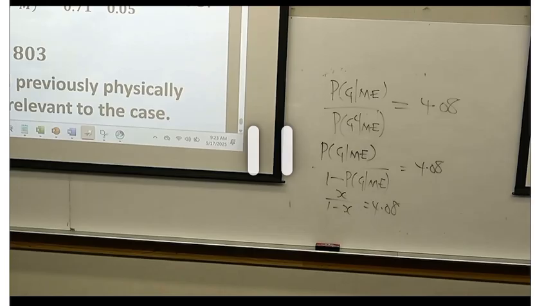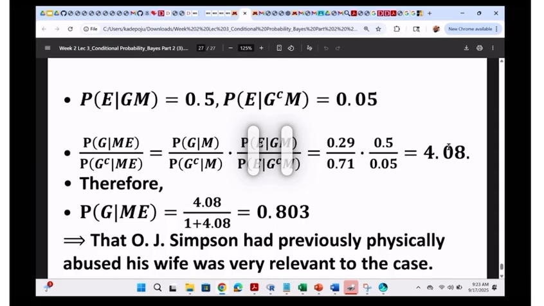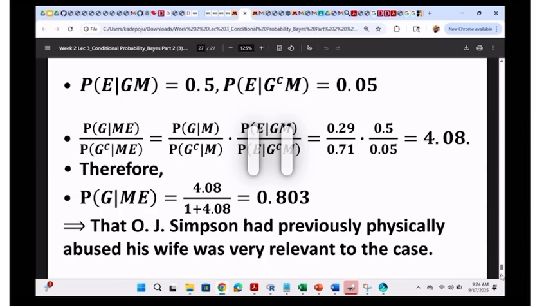This is a very high probability. Don't forget, probability lies between 0 and 1. What is the conclusion here? The conclusion is that because I have a very huge probability, we are now telling the defense counsel that O.J. Simpson having previously physically abused his wife was very relevant to the case.